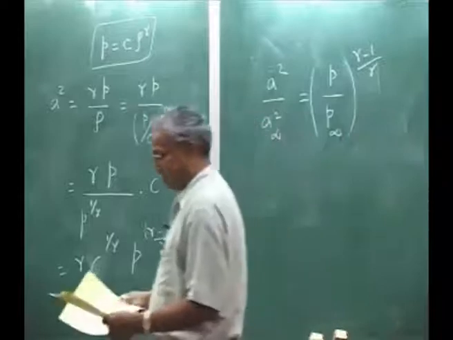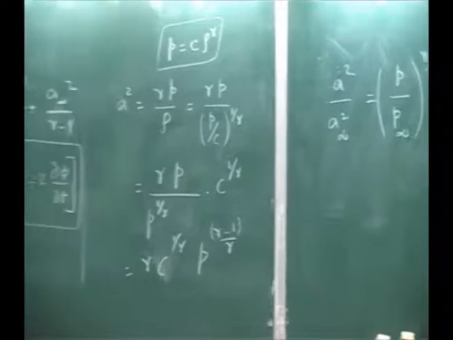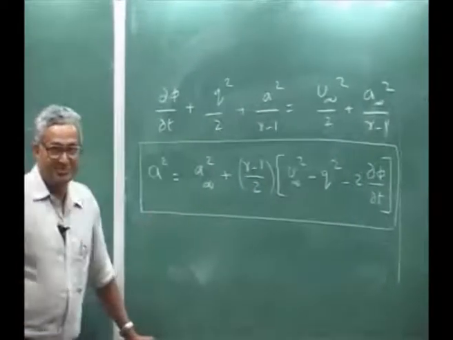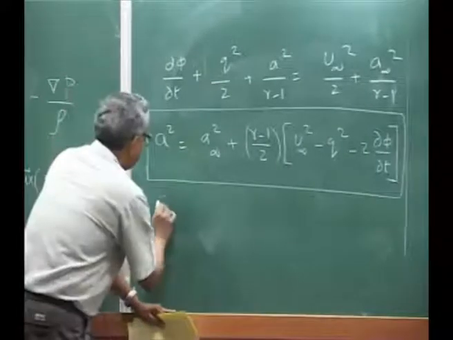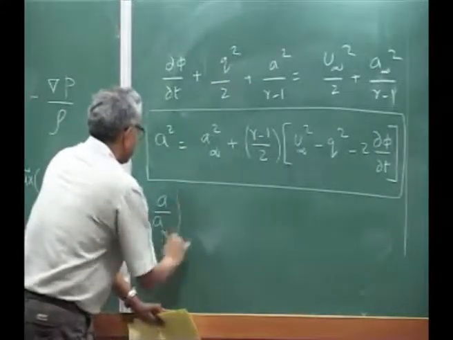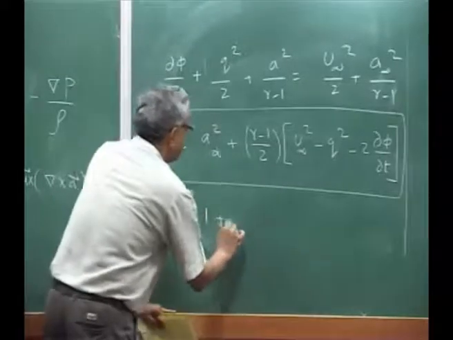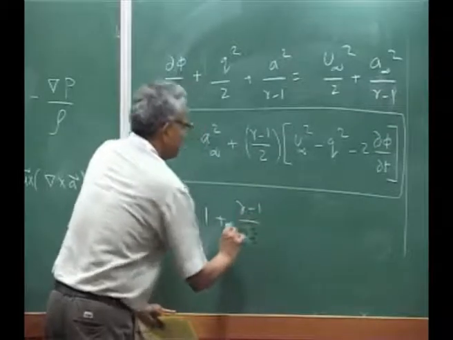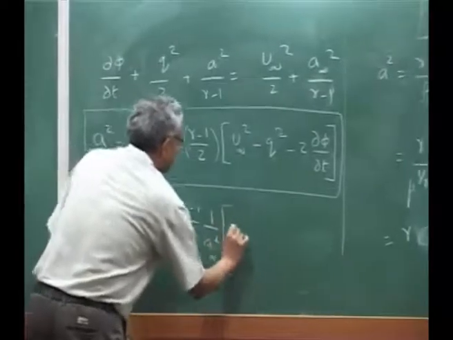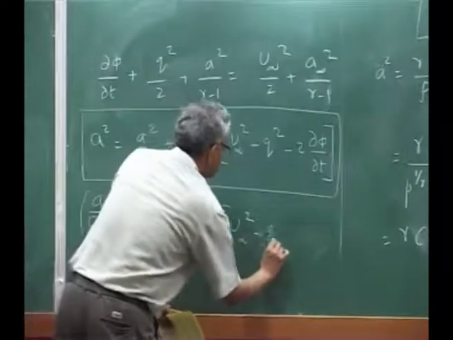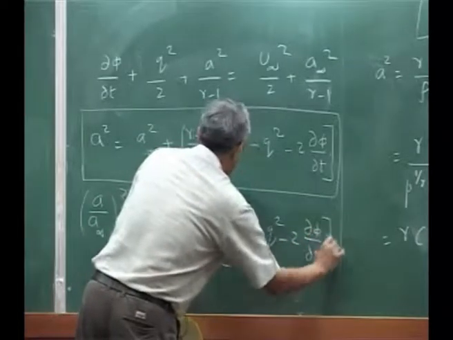Now that is what I am going to write here. You divide by a infinity everywhere. If you divide by a infinity, you are going to get a over a infinity equals 1 plus gamma minus 1 over 2, 1 over a infinity square, u infinity square minus q square, to delta p over delta t.